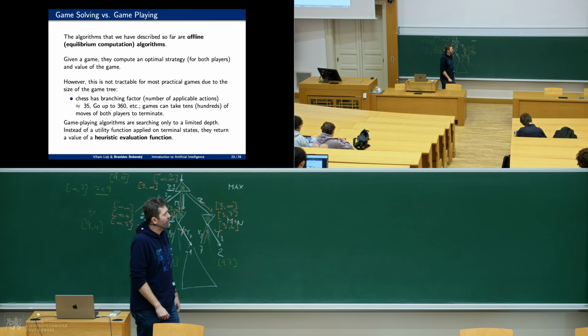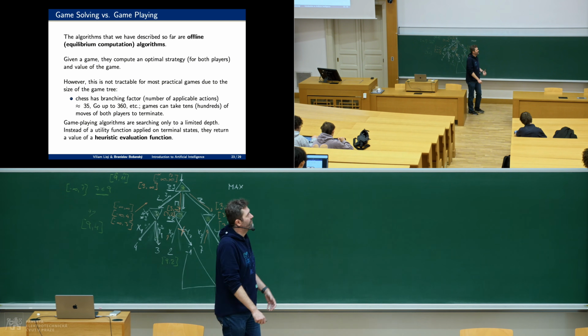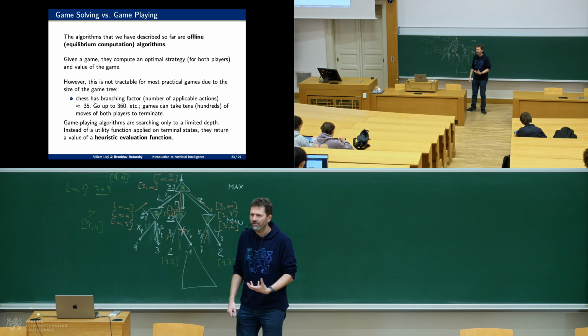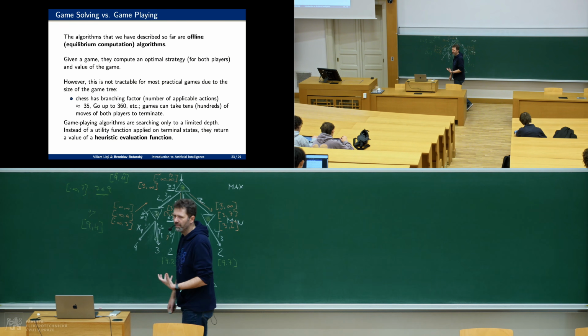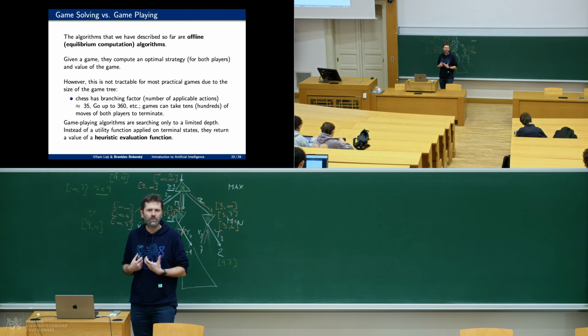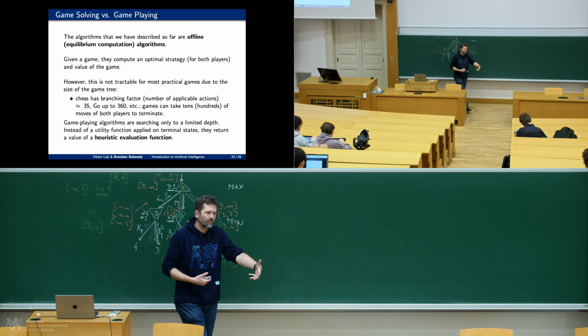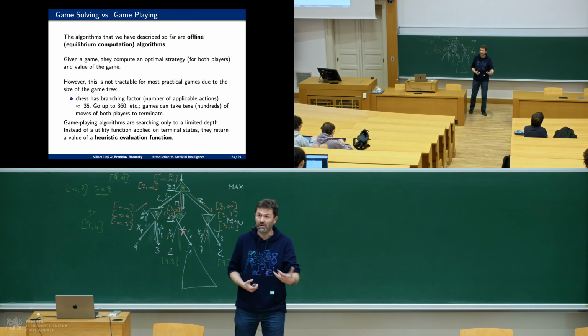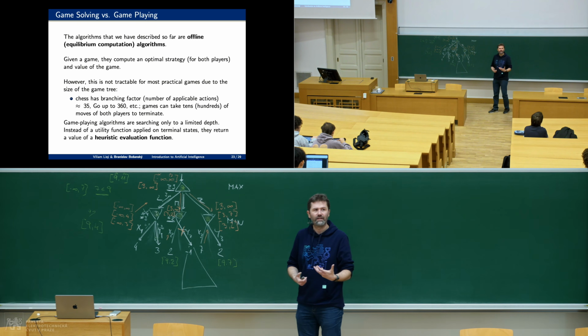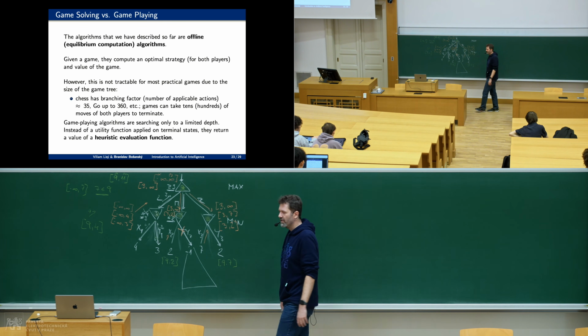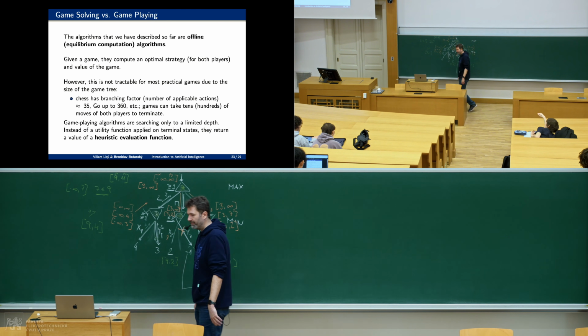This is usually what's done in a game-playing algorithm. A chess-playing algorithm doesn't compute chess till the very end. It performs several moves, say 10, 20, maybe 50, but not necessarily to the end of the game.